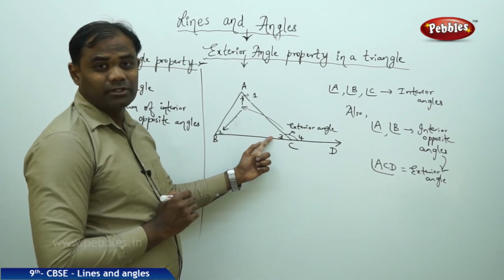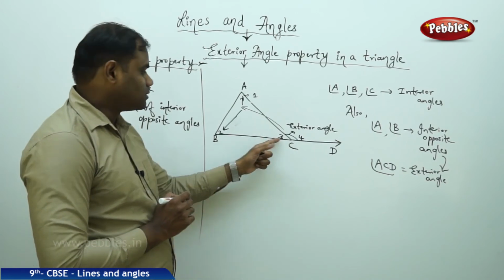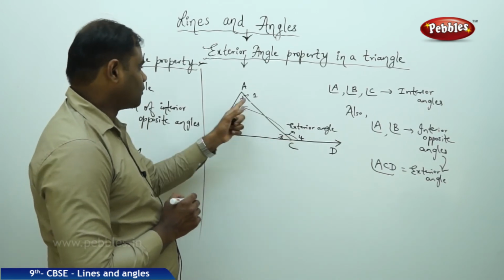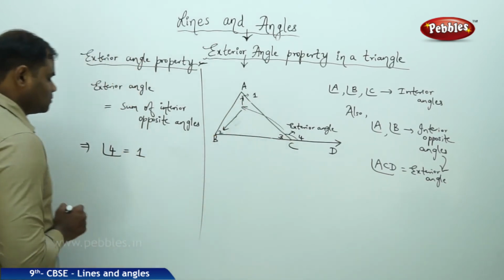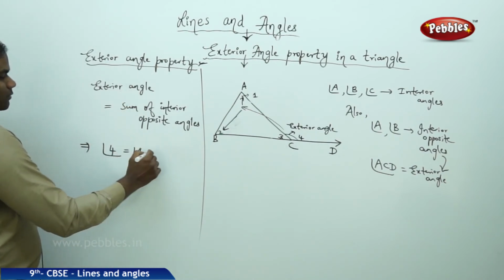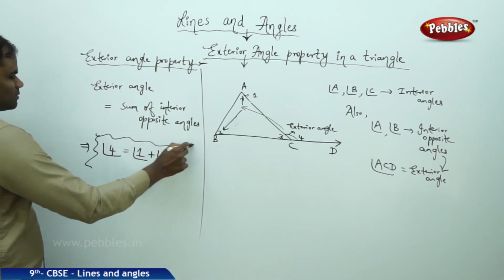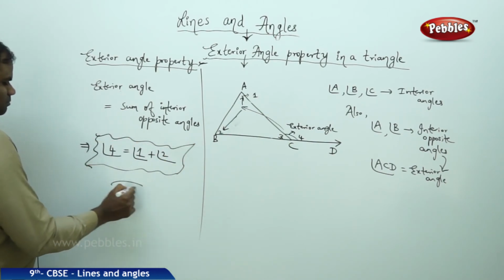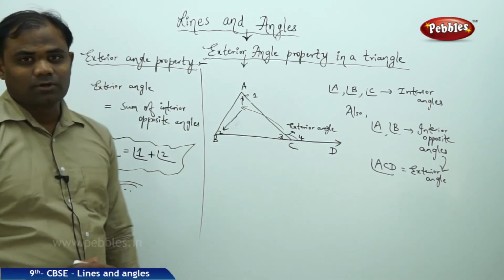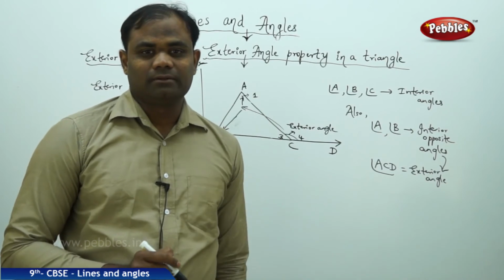Angle 3 is not interior opposite, but 3 is an interior angle. Exclusively opposite to angle 4 are angle 1 and angle 2. Therefore, exterior angle equals the sum of interior opposite angles, which is what is called the exterior angle property in a triangle.